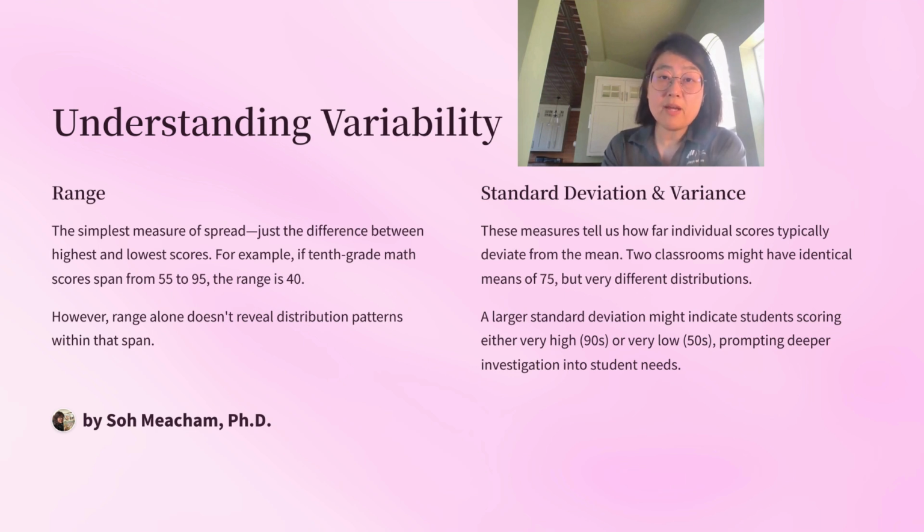Both classrooms might have the same mean score, but the second one has a much larger standard deviation. That would prompt the teacher or researcher to look more deeply into students' needs and instructional approaches.